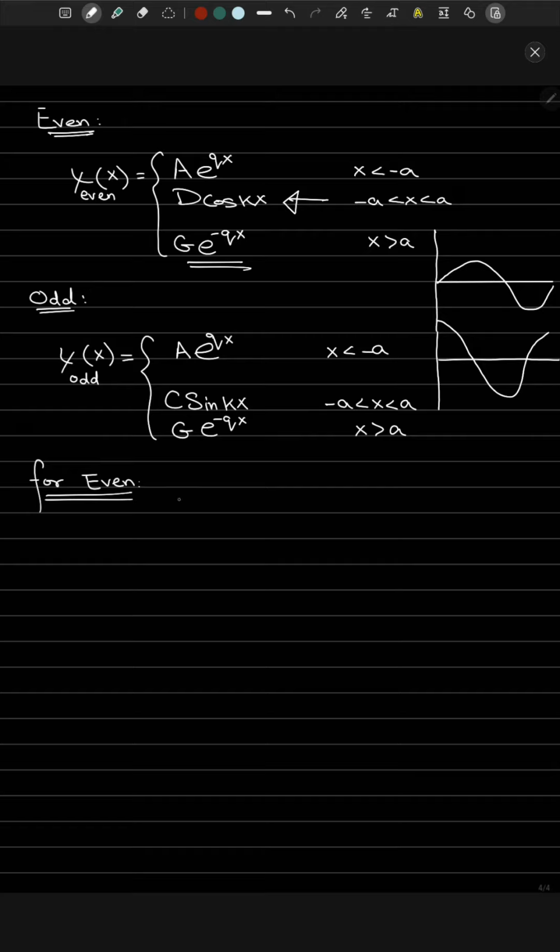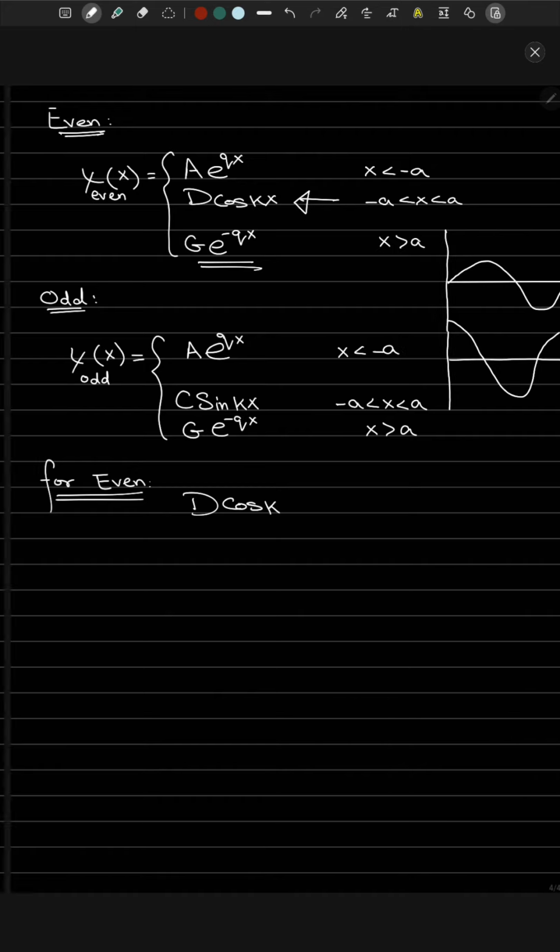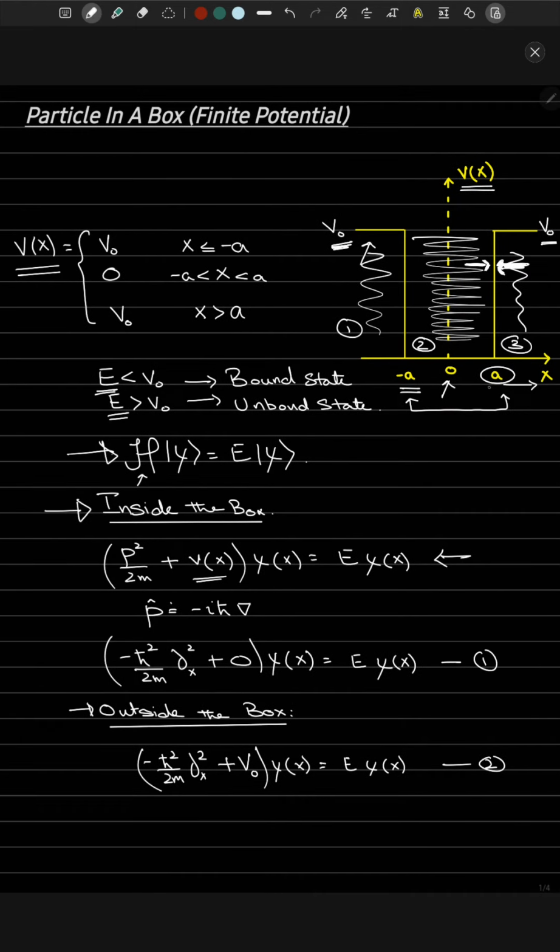So what that means is d cos k. Now we're talking about the wall from the right hand side where x is basically equal to a.